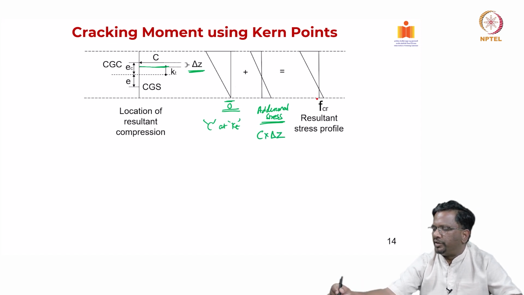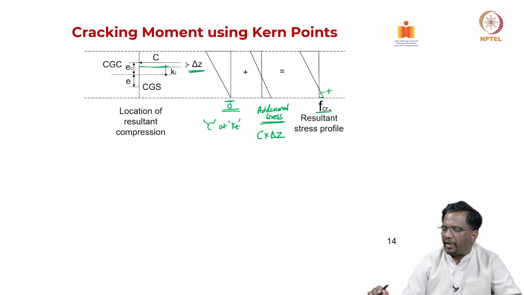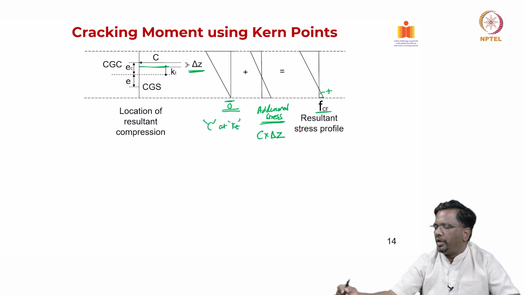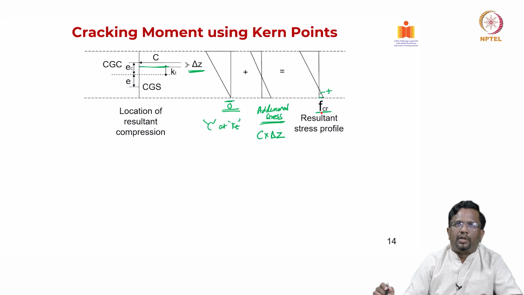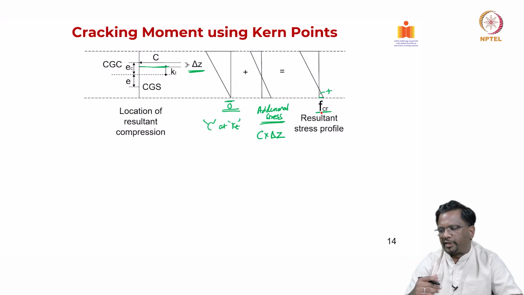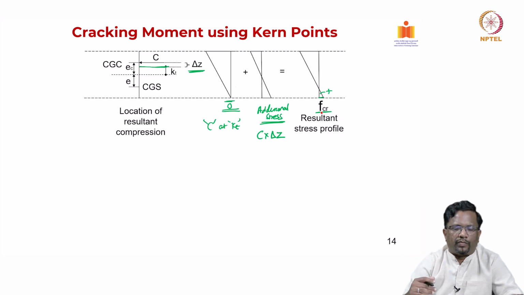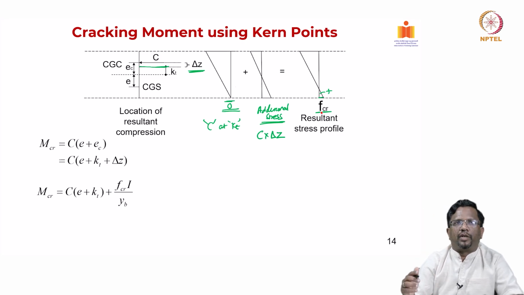So, this plus this will create a tension stress of positive fcr at the bottom. Now, we try to find out what is this delta Z, or in other words, if fcr is given, we can find out the maximum distance delta Z that C can move away from kT. Okay, now let us look at it.